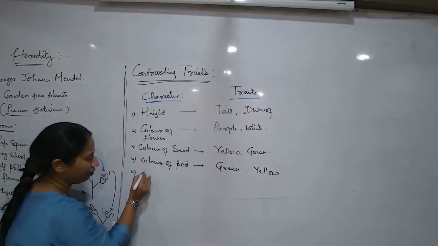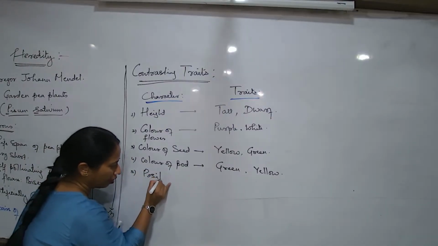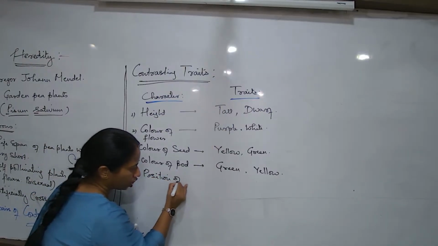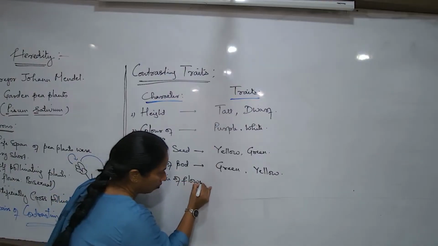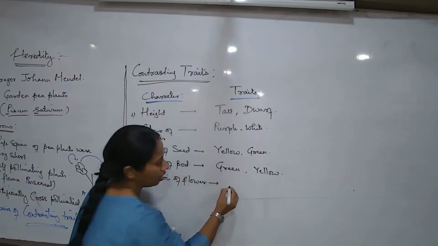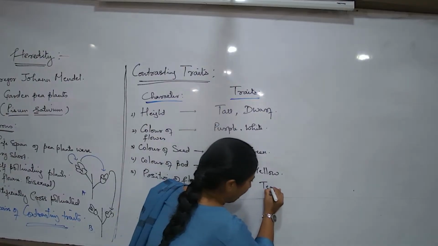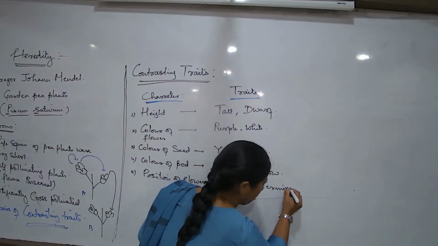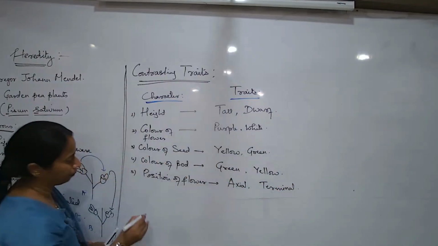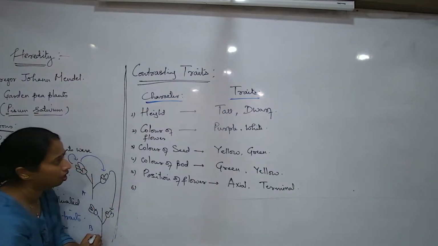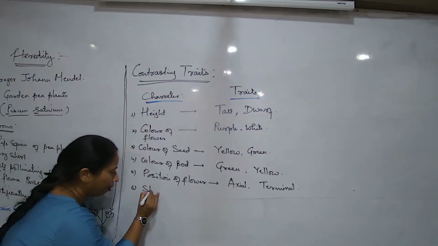Next, number 5. Position of the flower. Position of the flower, most common is axial, meaning all throughout the stem, and terminal, meaning at the top of the stem only. Number 6, the shape of the seed.